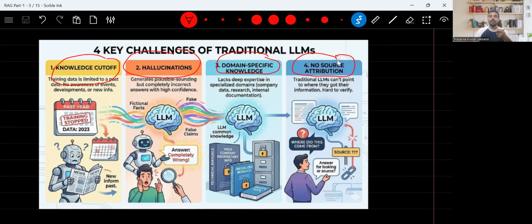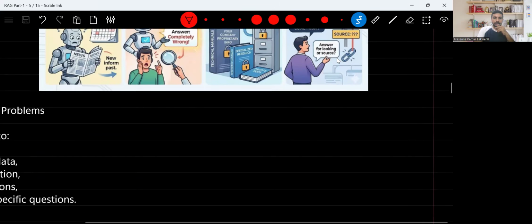It lacks deep expertise in specialized domains like company data, research, internal documents. So these are the key challenges of LLMs. These problems can be solved with the help of RAG architectures.